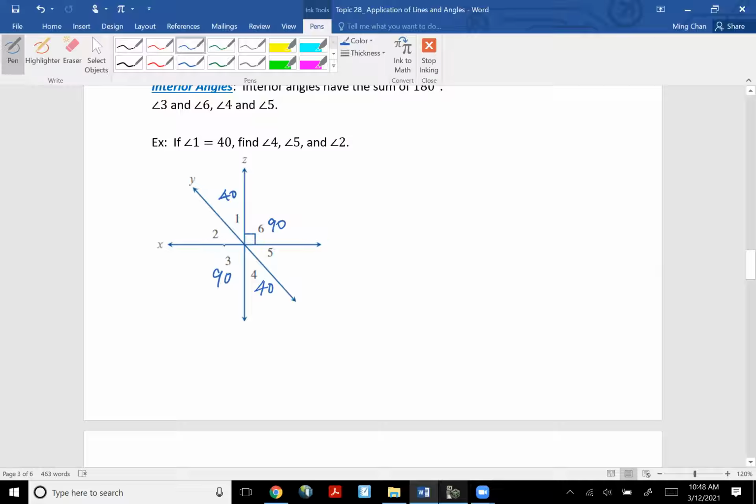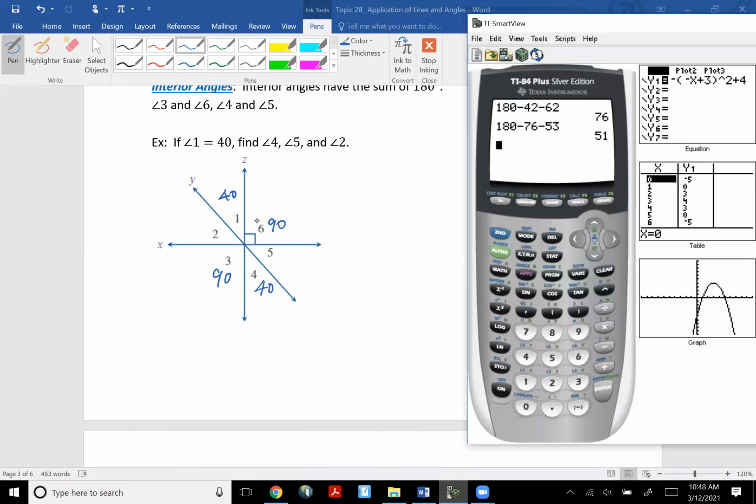This line X has three angles, because X, Y, Z all intersect at one point. So angle 2, 1, and 6 together have got to be 180. So I can take 180 minus the 90 of angle 6 and minus the 40, and that will tell me that angle 2 is 50°.